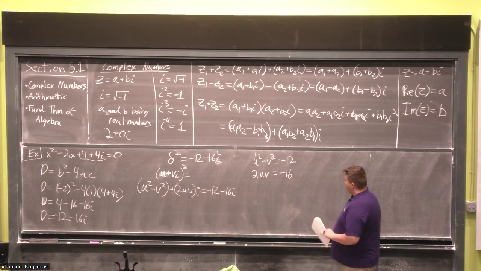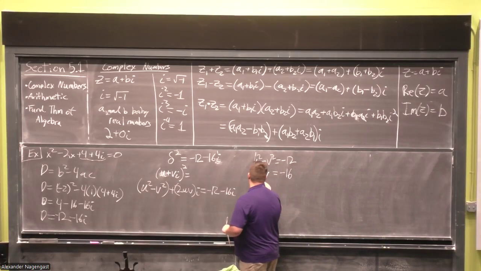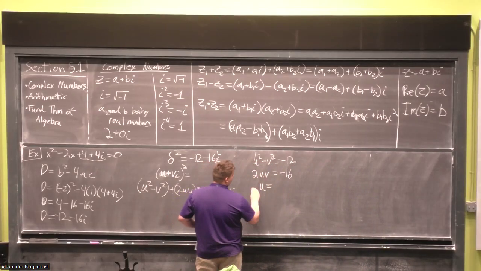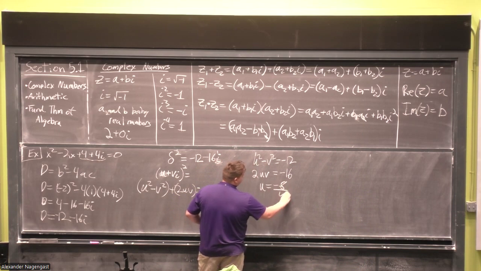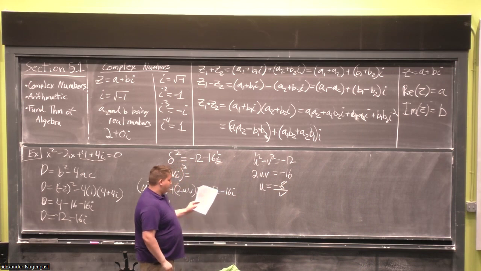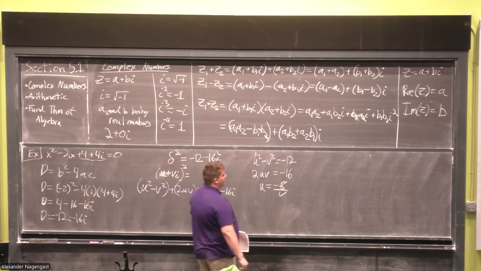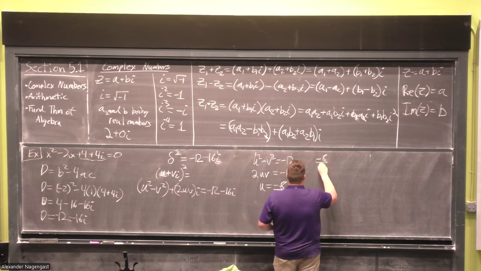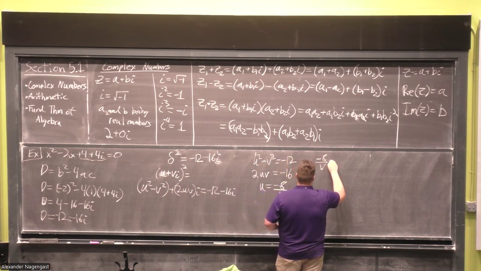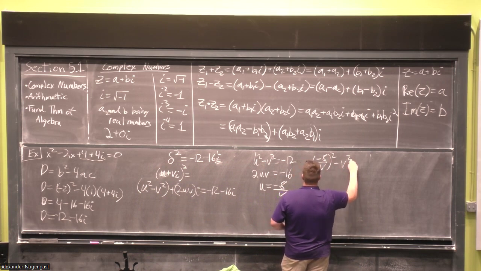So we can just solve one in terms of the other. Let's do u is equal to, divide by 2, so we get negative 8 divided by v. We can substitute that into the other equation, and we get negative 8 divided by v squared minus v squared is equal to negative 12.